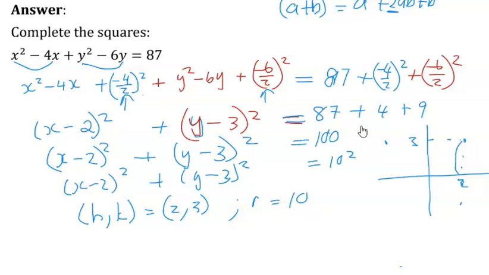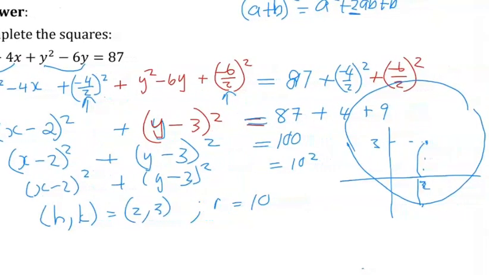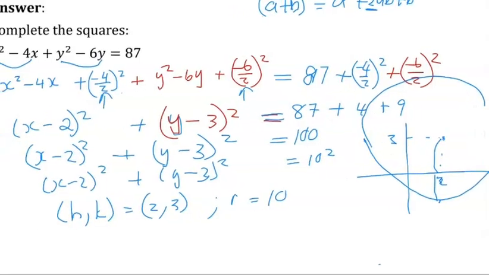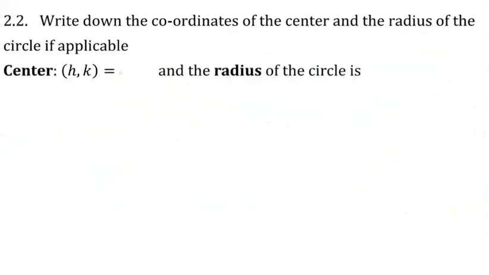This is 3 and another 2, it will go through that point there, whatever. Remember, sane people are not able to draw a perfect circle by hand. We already said previously that our center will be (2, 3) and our radius will be 10.